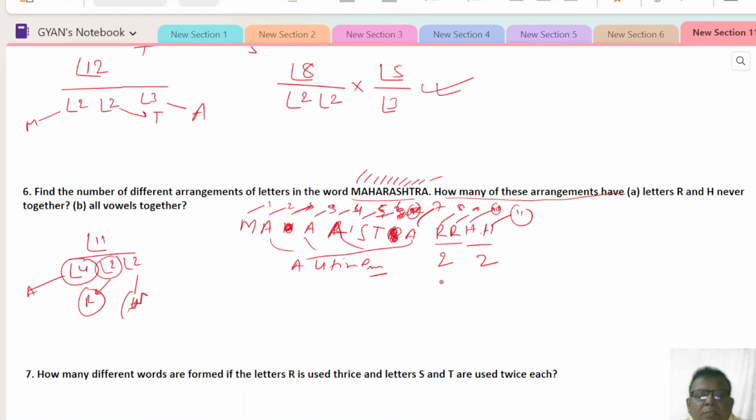So R and H can be made together by how many ways? So how many ways can it be done?